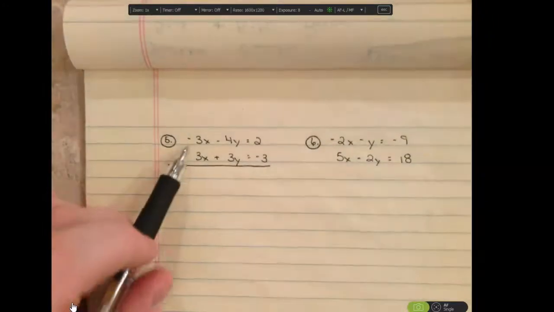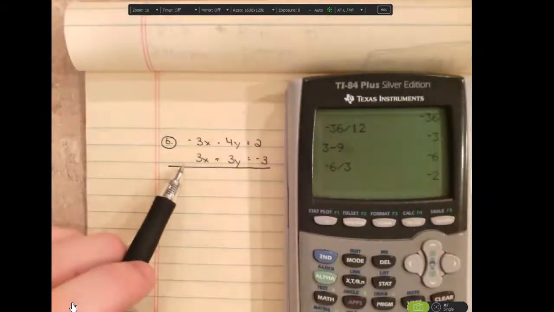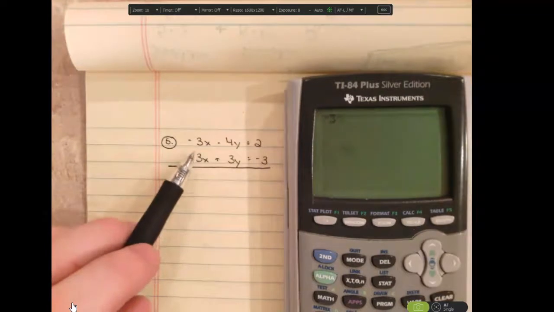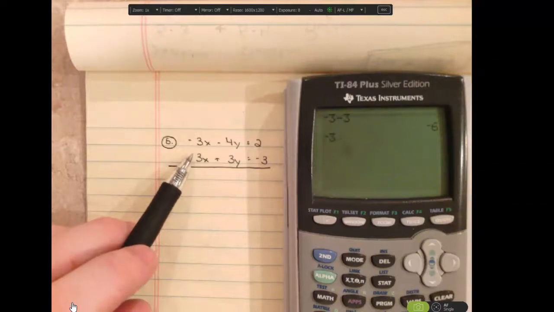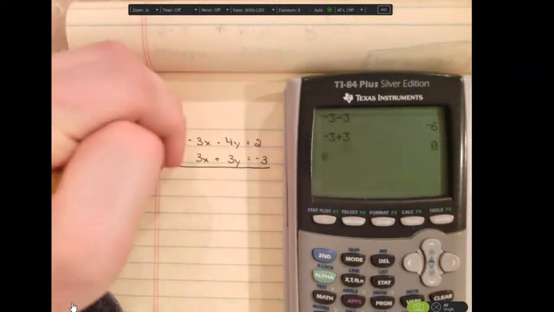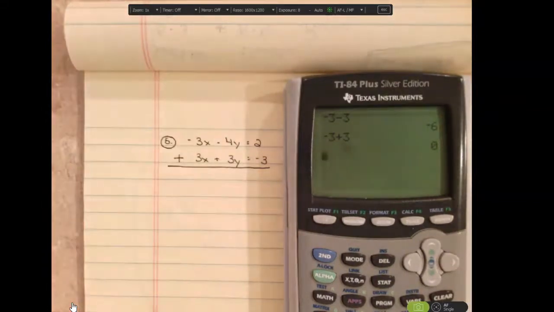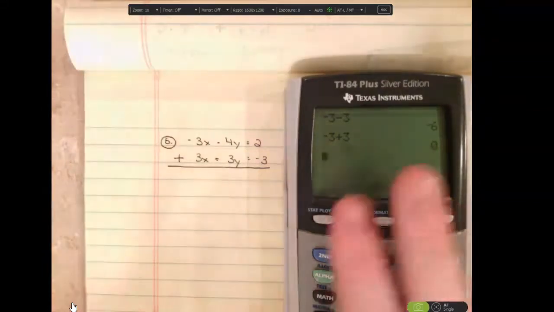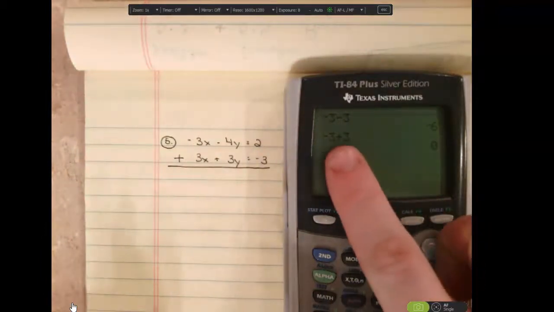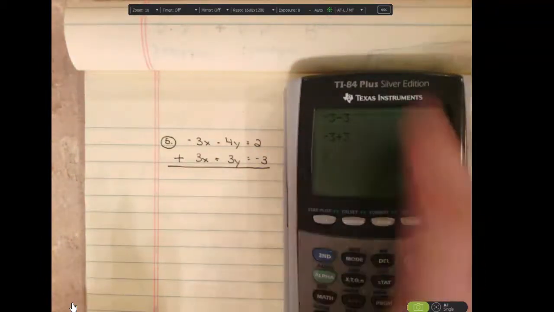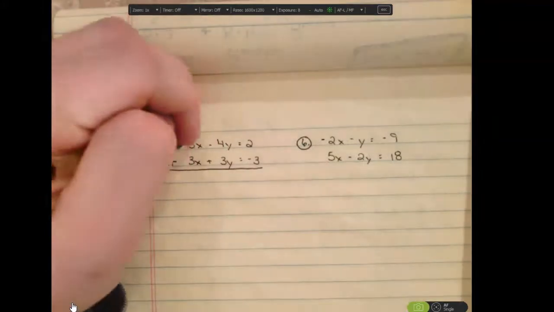Now ask yourself, if you do negative 3 minus 3, does that give me 0? That's telling me negative 6. What if I do negative 3 plus 3? That's 0. So I need to add these two equations together. That gives me 0 on the x's, which is what we're trying to do here.